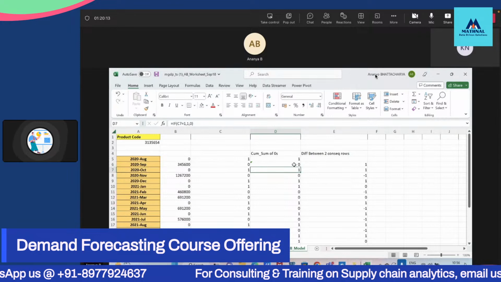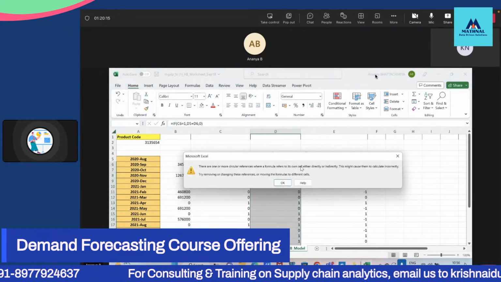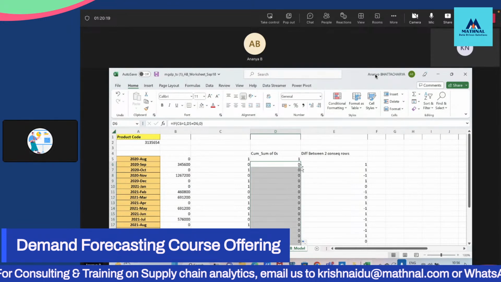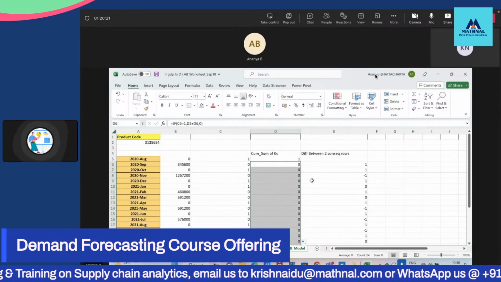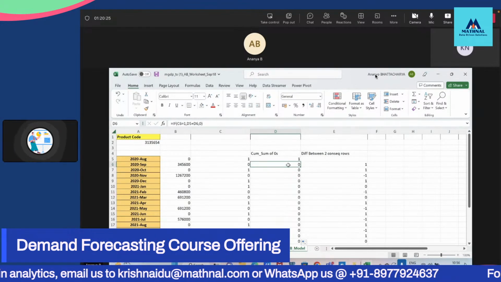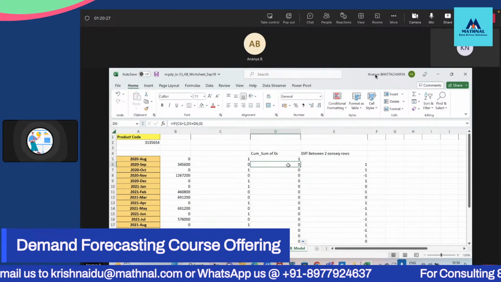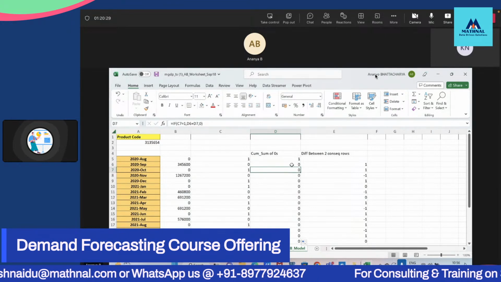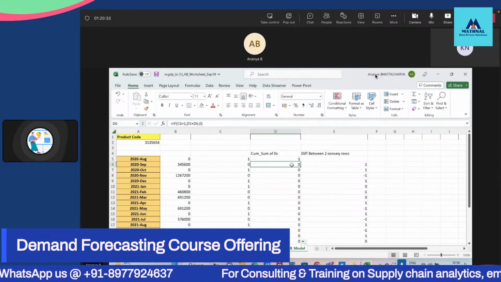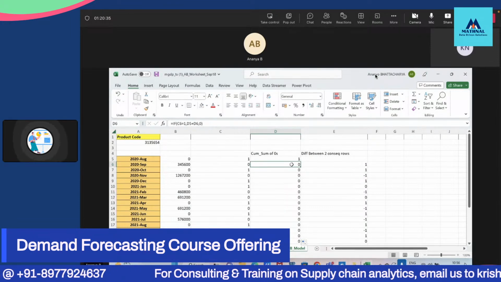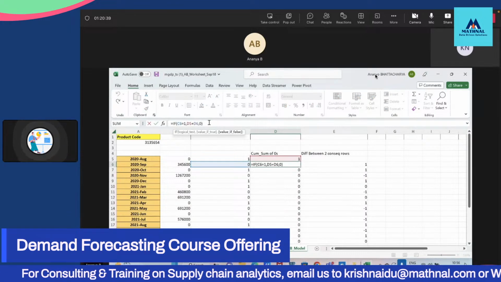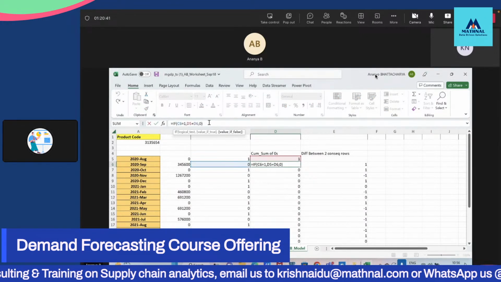No, still it's not done, we have to improve the formula. So if C6 is equal to 1, then we are going to do D5 plus D6. If it is 0, then what we're going to do? We're going to show 1 there.